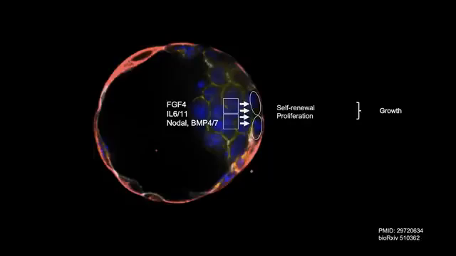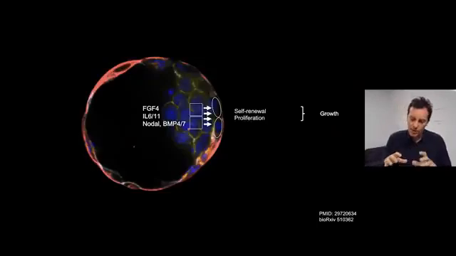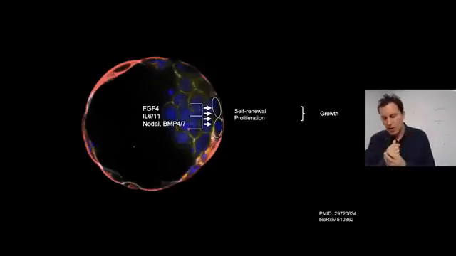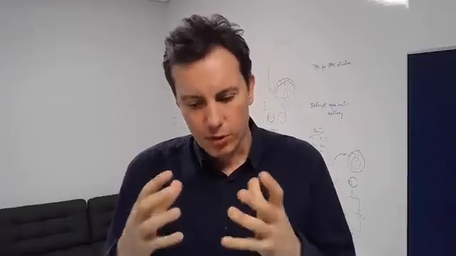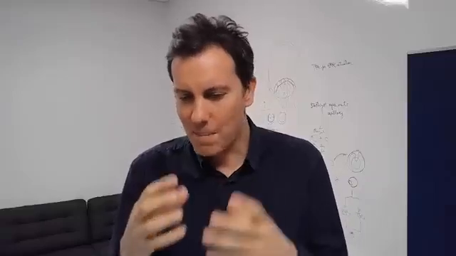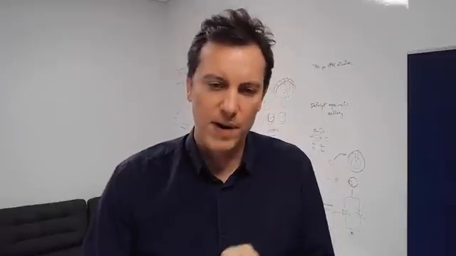I didn't show you, but it's producing IL-6, IL-11, nodal, BMP4, also BMP7, which are regulating different trophoblast functions. And the first big function is growth. By promoting both the proliferation and the self-renewal of the trophoblast, those inductions are maintaining the stem cells that are going to sustain the growth of the placenta.